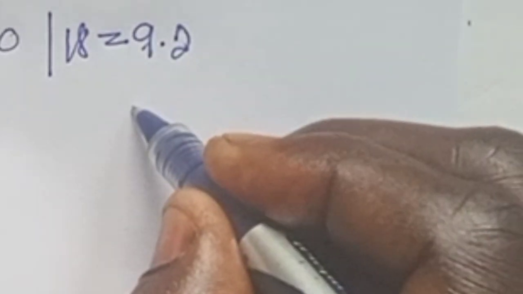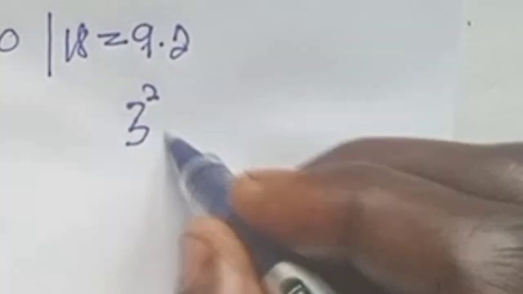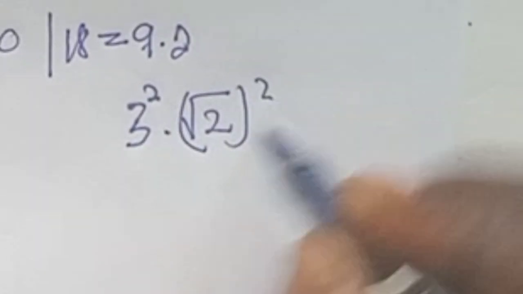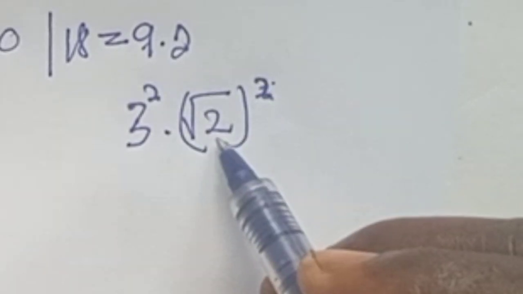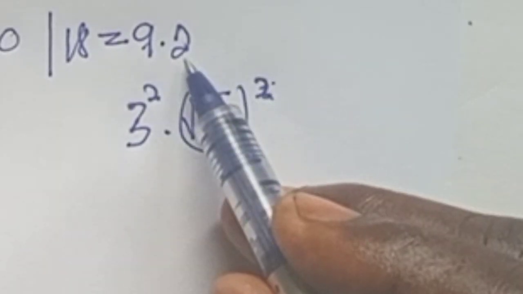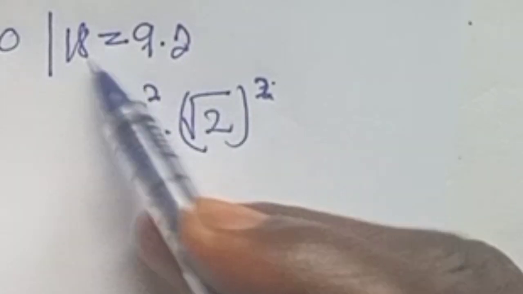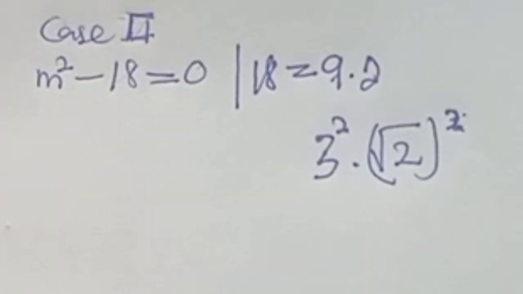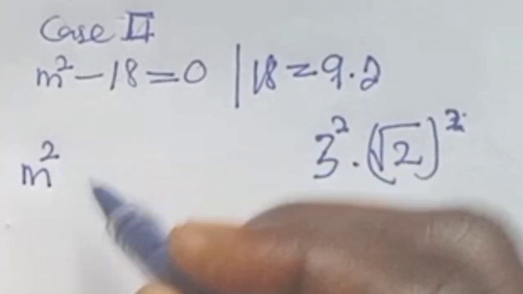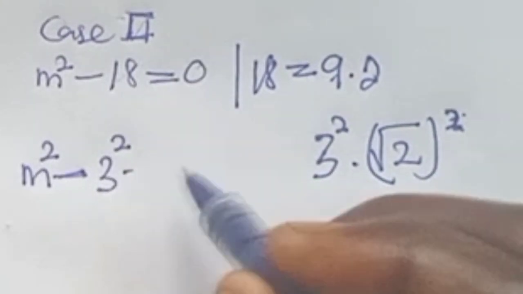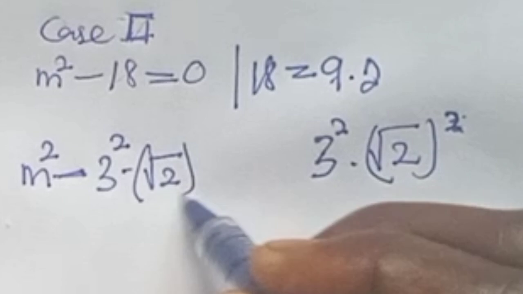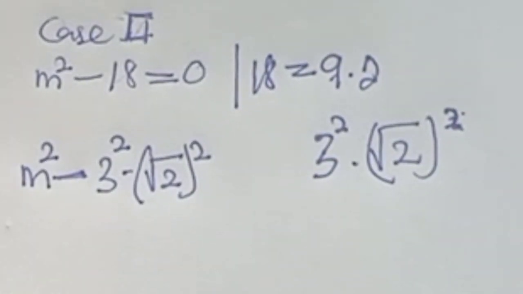And 9 can be written as 3 to the power of 2, and 2 can be written as the square root of 2 to the power of 2, because the square can cancel out the square root so that what is left is 2. And this is equivalent to 18. So that m to the power of 2 minus 3 to the power of 2 times square root of 2 to the power of 2.